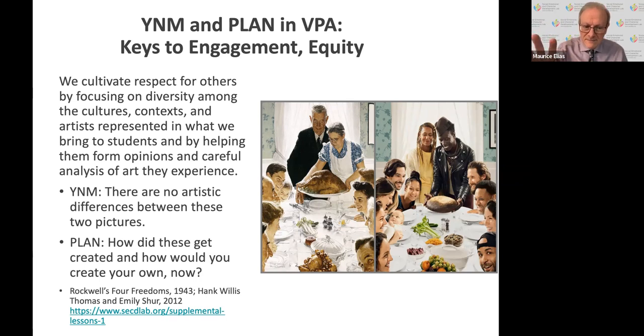Use PLAN to understand how you would create a picture now in 2023 that would be different or similar from the ones that are here, right? So again, the arts curriculum determines the content, but SEL pedagogy can be woven into it and deepen the understanding of the content.